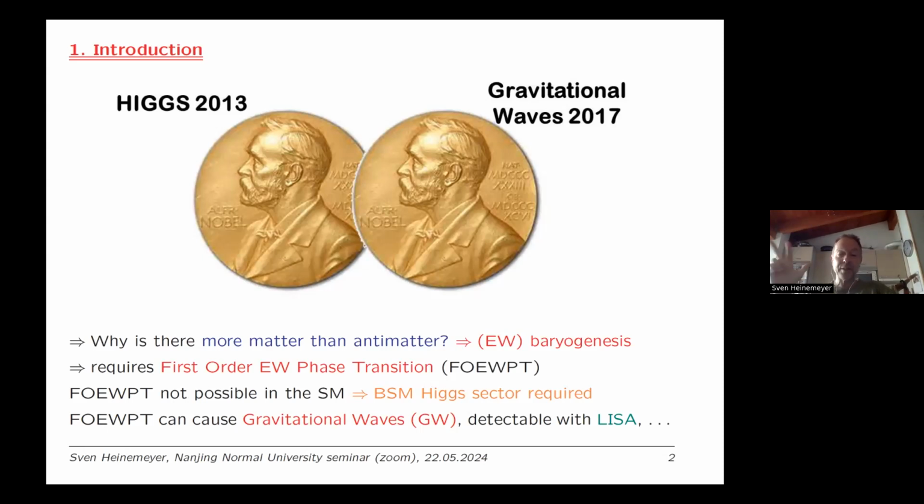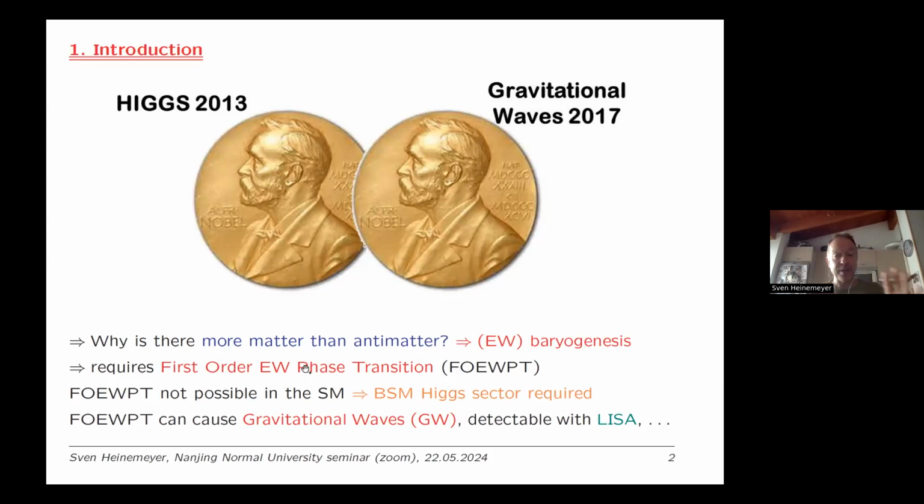And it requires three conditions, the famous three Sakharov conditions. One of them is an out of equilibrium state that is needed for some time. And this can be realized indeed if one has a first order electroweak phase transition, or even to be more concrete, a strong first order electroweak phase transition.